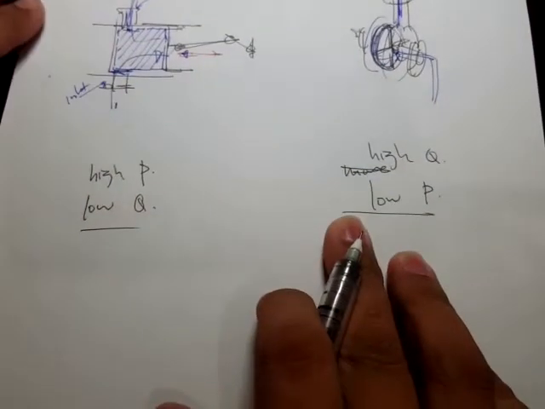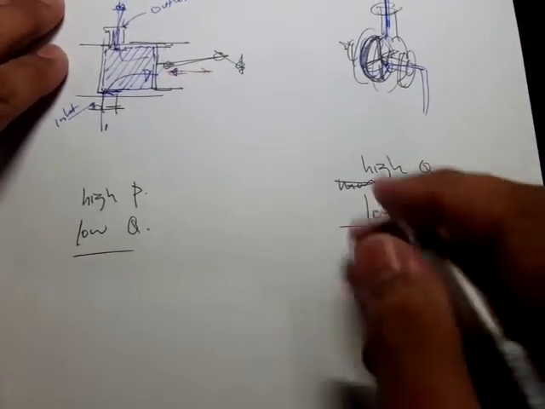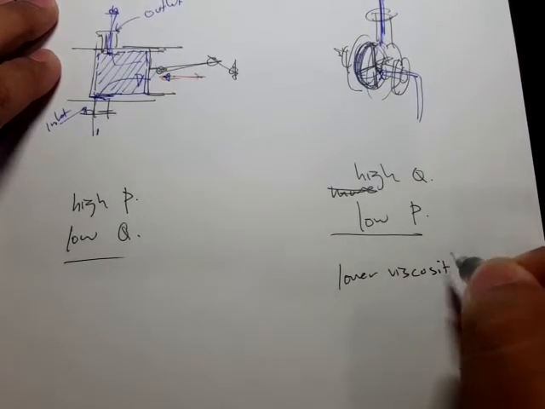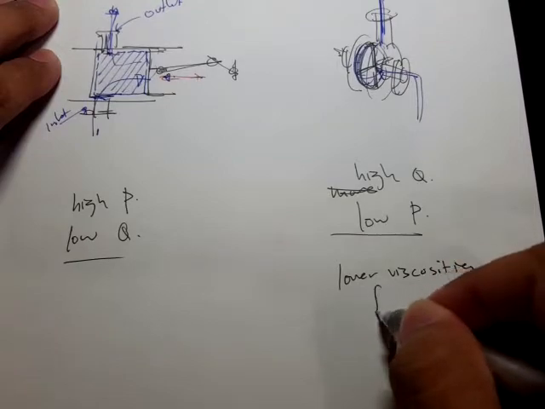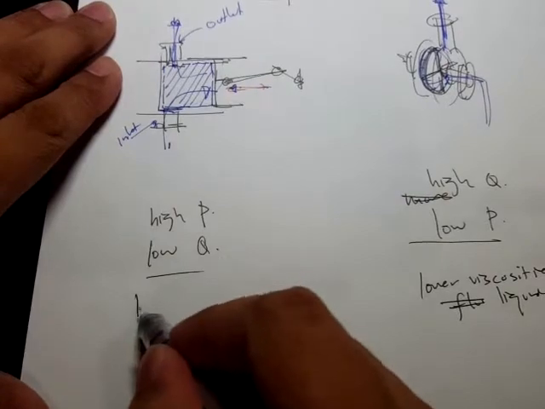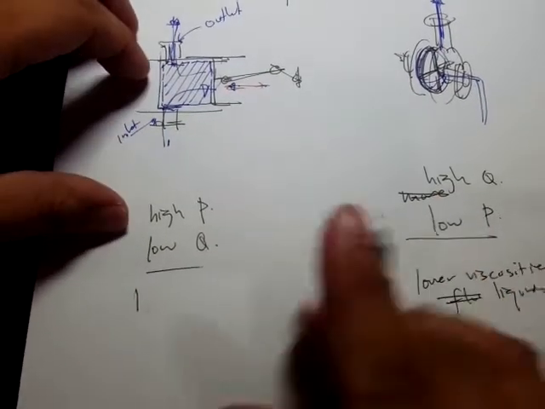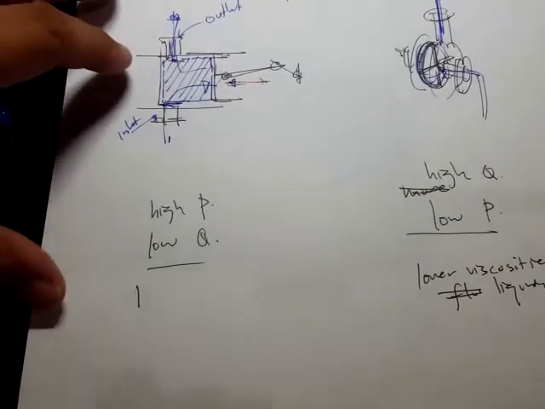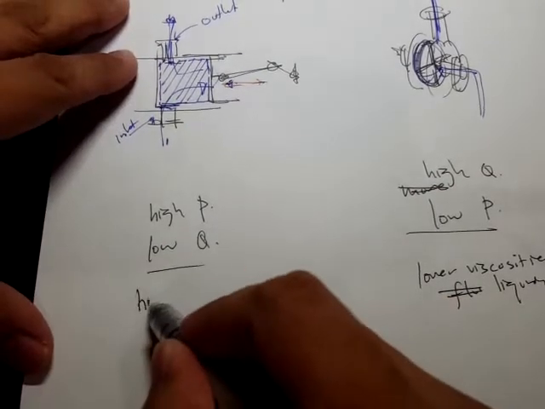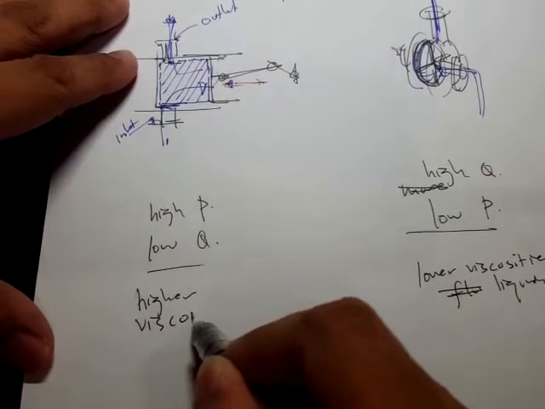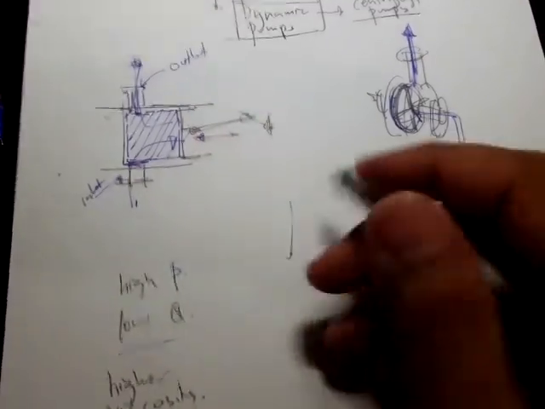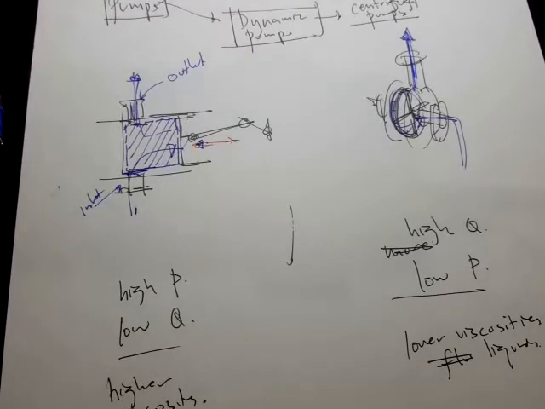Because of these characteristics, the application for dynamic pumps is usually for lower viscosity fluids, for example water. Whereas positive displacement pumps are used in hydraulic systems wherein the liquids have higher viscosities, like oils and slurries. Right, so those are the characteristics of these two major classes of pumps.